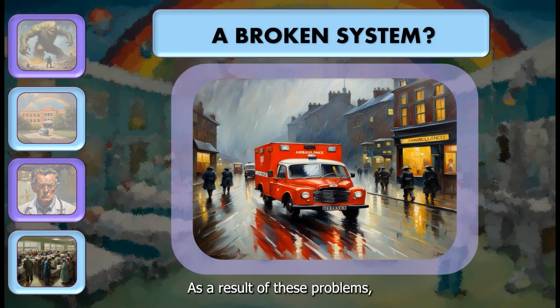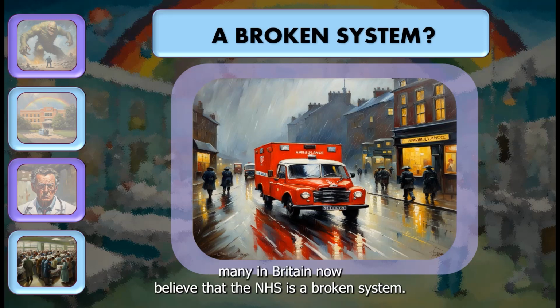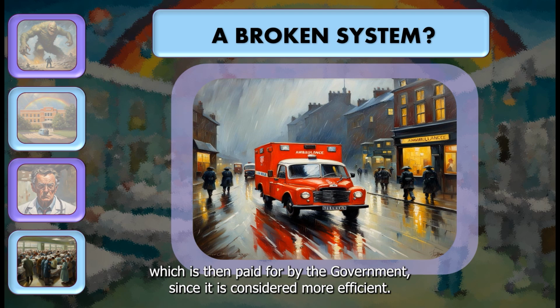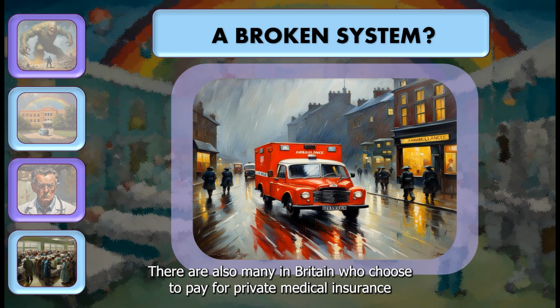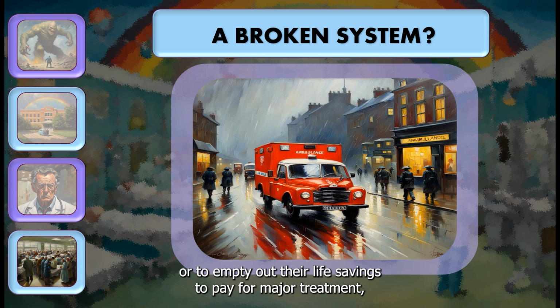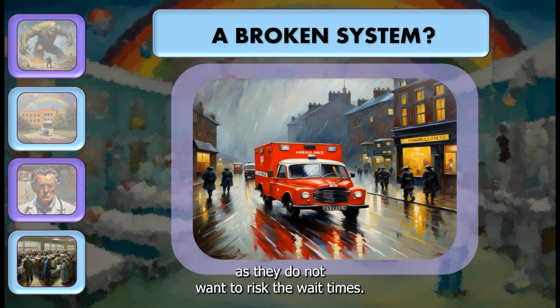As a result of these problems, many in Britain now believe that the NHS is a broken system. There have been calls to reintroduce more private practice within the NHS, which is then paid for by the government, since it is considered more efficient. There are also many in Britain who choose to pay for private medical insurance, or to empty out their life savings to pay for major treatment, as they do not want to risk the wait times.